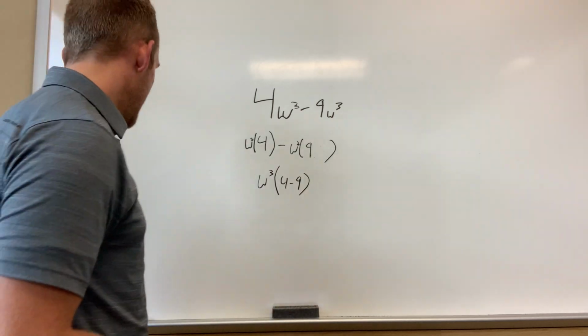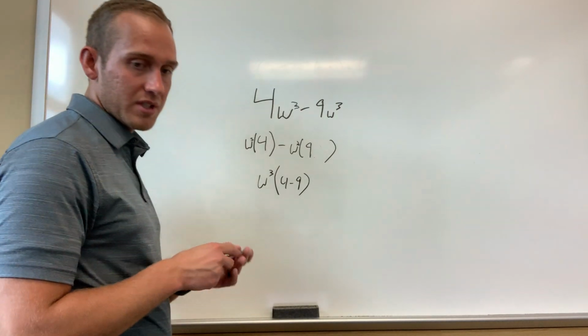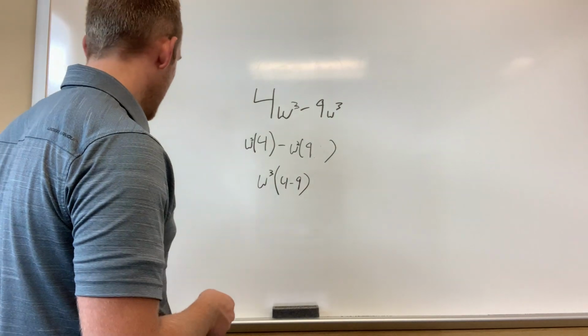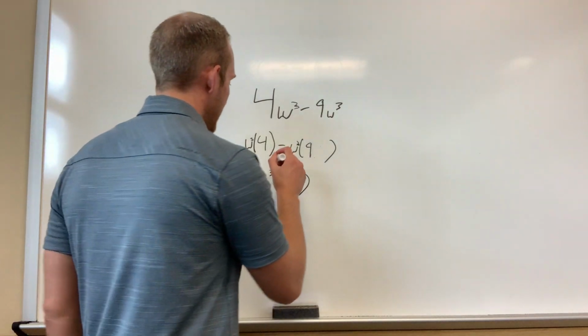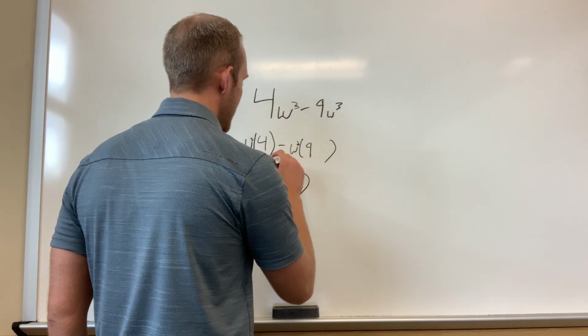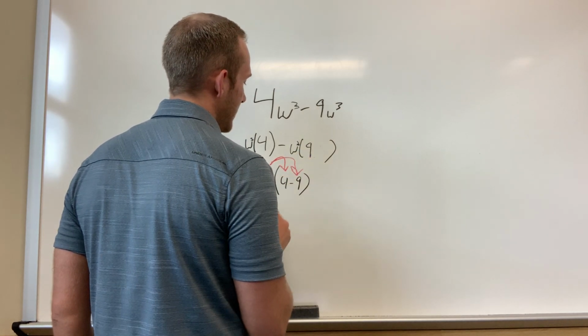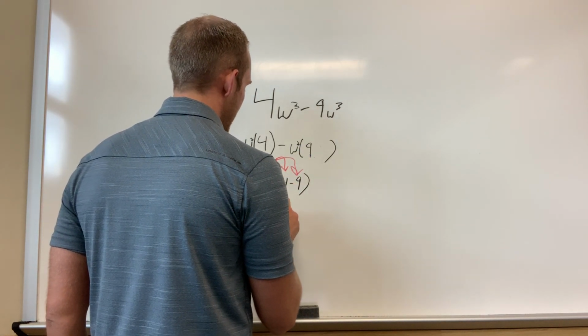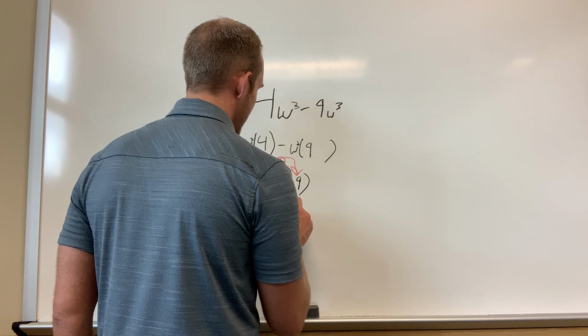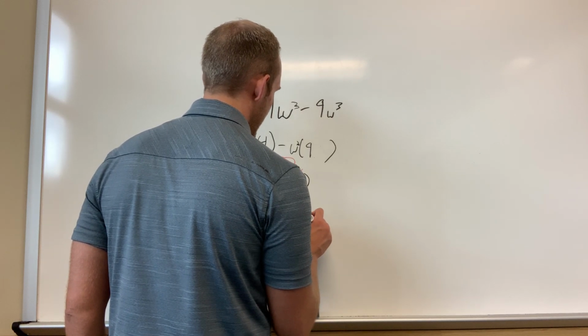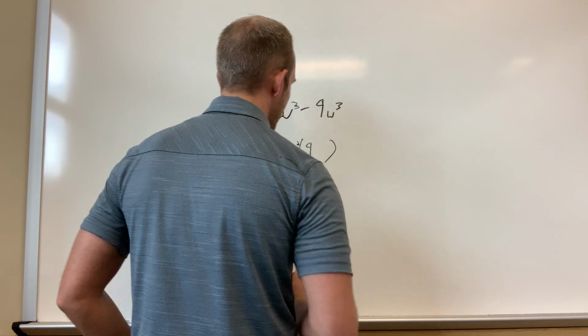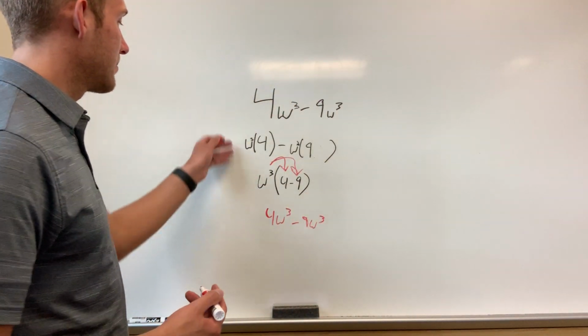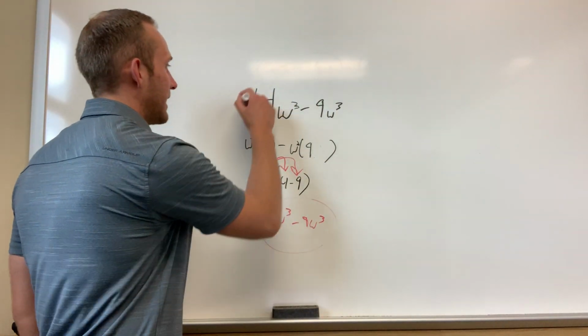Yeah, pretty simple. And to check that, we just distribute W cubed into each of these. So that would be 4W cubed minus 9W cubed. So that is equal to that.